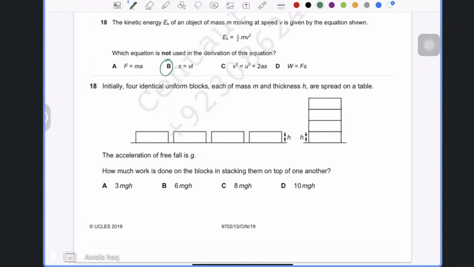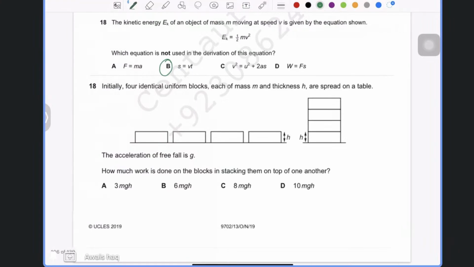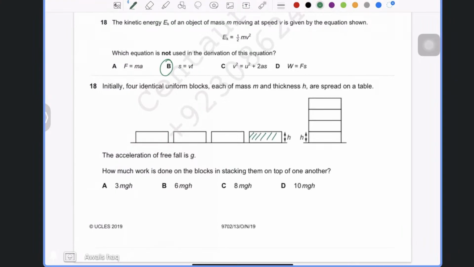Okay, so now this question is a very, very tricky one. Initially this one will stay here. Do you guys agree? You don't need to move it, because you need to stack the next box on top of it. So you need to move 1, 2 and 3 boxes. If I put this box here, obviously I need to go this height above the reference line.